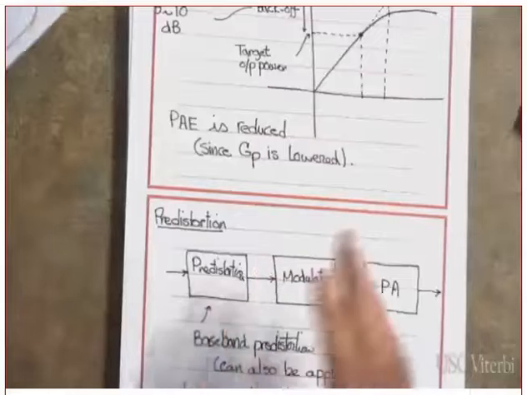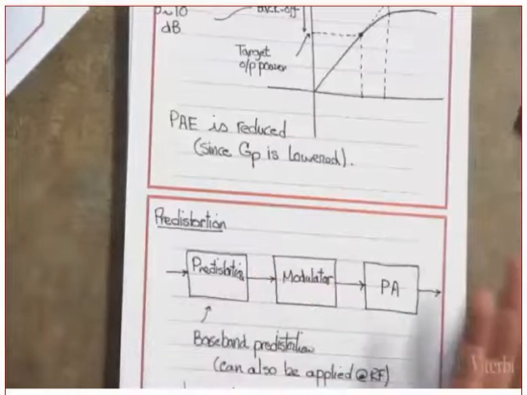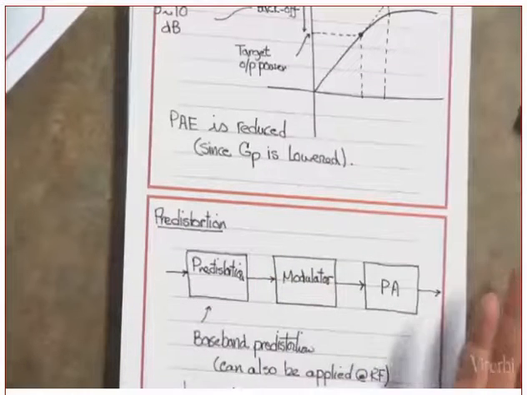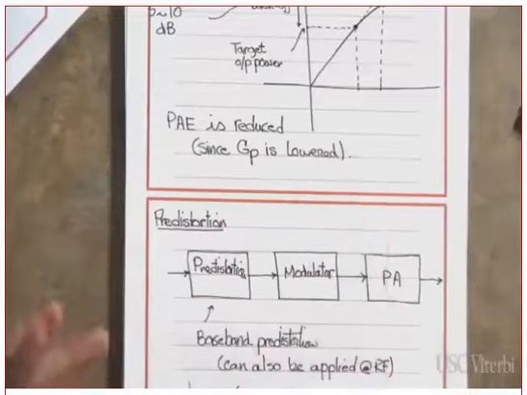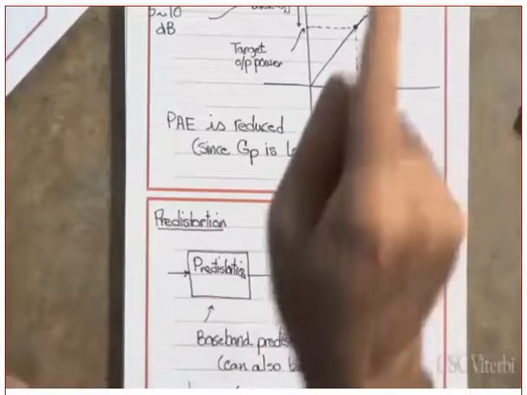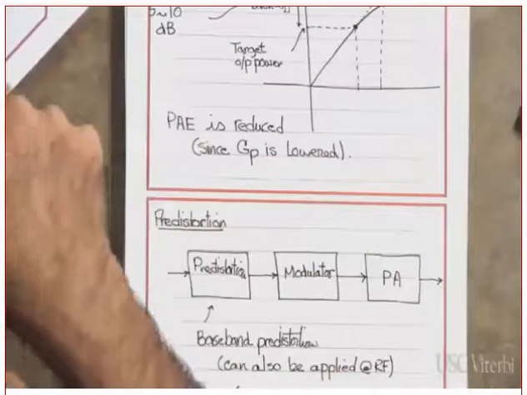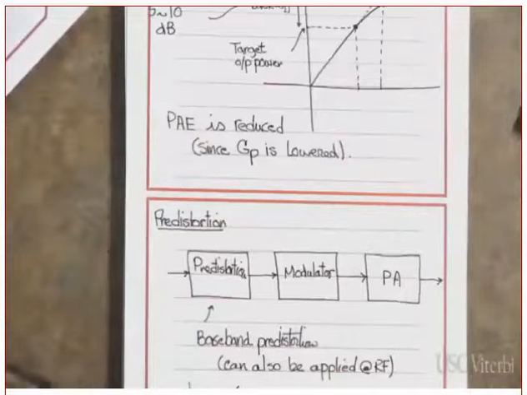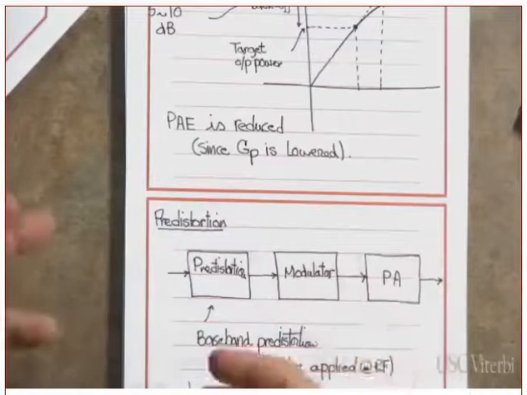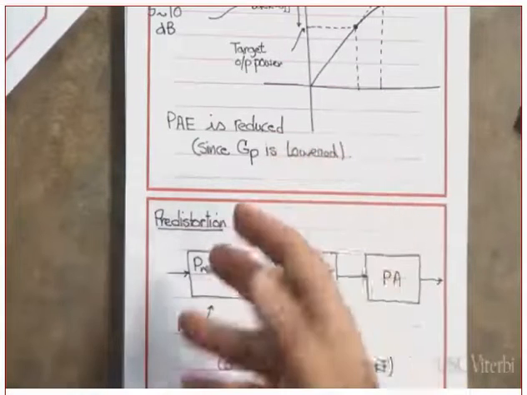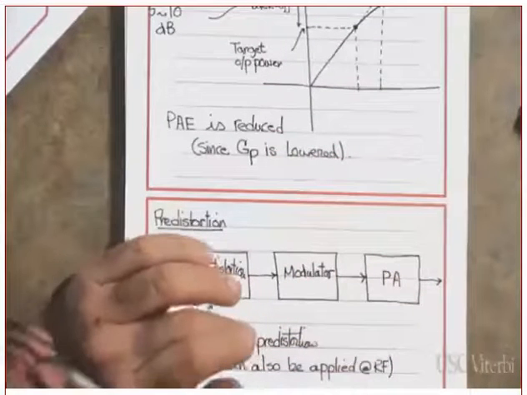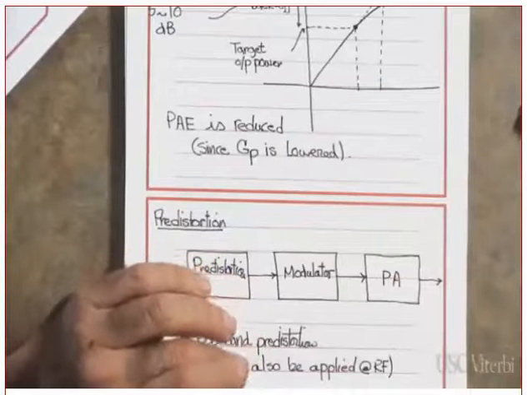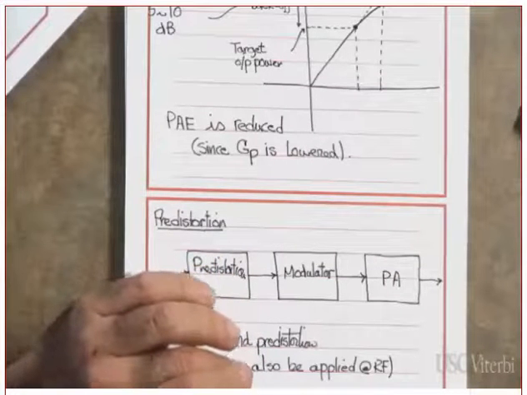The other type is a funny one. I admit it's a funny one, but I want you to understand what it is. Pre-distortion. What do you mean? On purpose, you pre-distort your signal before you amplify it. How? By generating nonlinearity which is opposite to the nonlinearity generated by the PA.